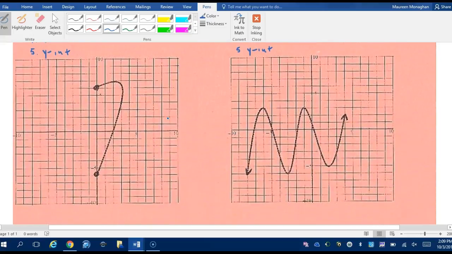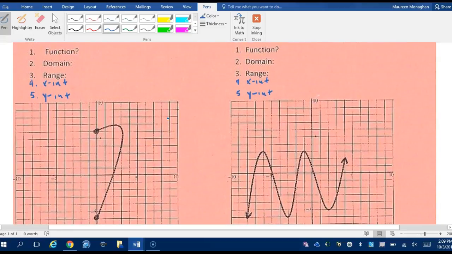All right, let's take a look at this first one. Is it a function? Well, I'm going to use my vertical line test, and I can see it hits here and it hits here. So this is no. All right. The domain is your x's, and it looks like the domain starts here and goes to here.